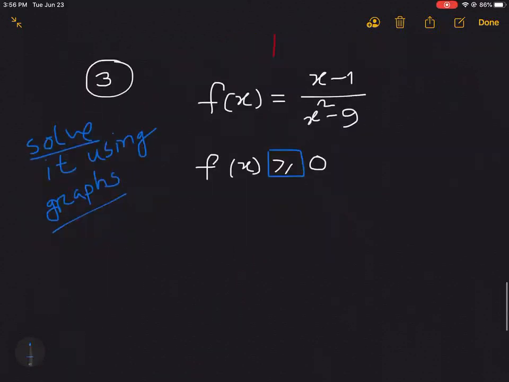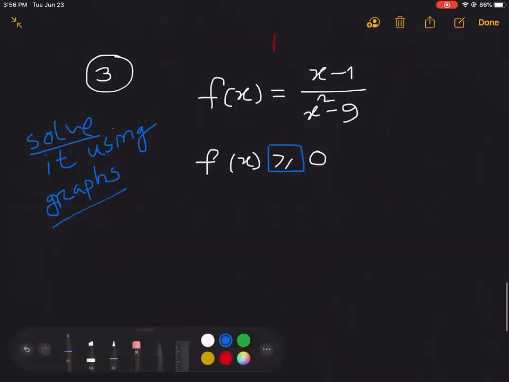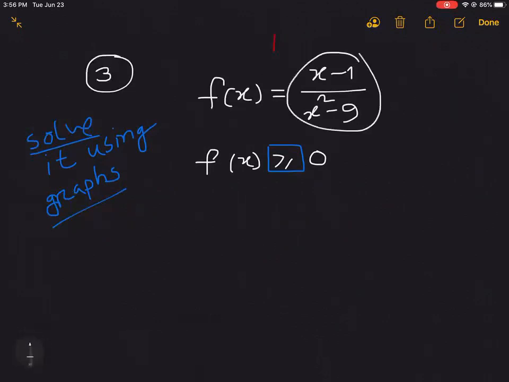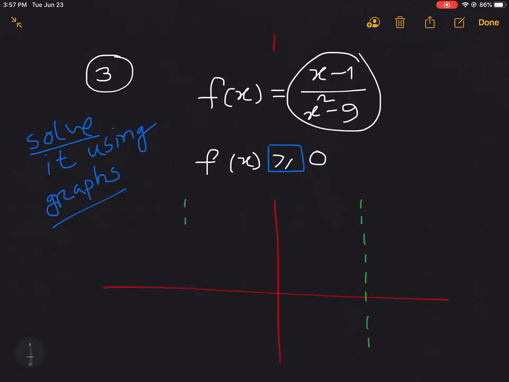If you go back to the previous lecture, we have actually drawn the graph for this exact function, right? And the graph looks like this. If you don't remember, let me draw the graph for you. This will be the vertical asymptote, of course. This will be the other vertical asymptote.